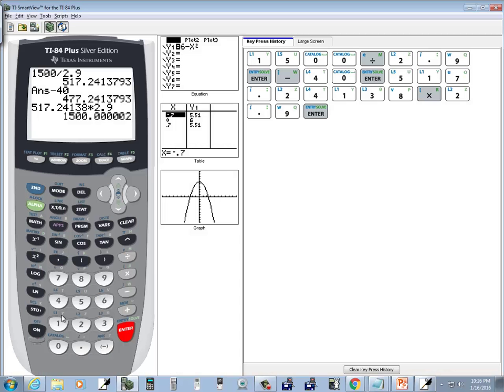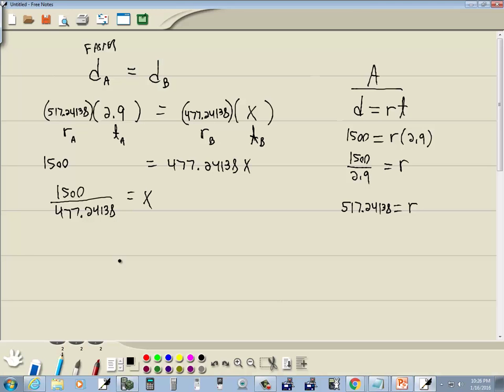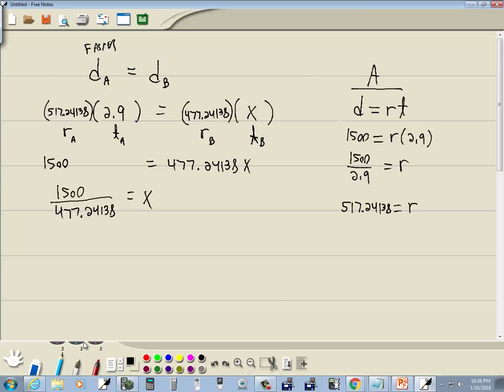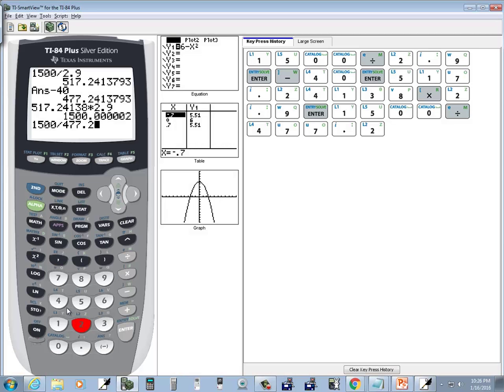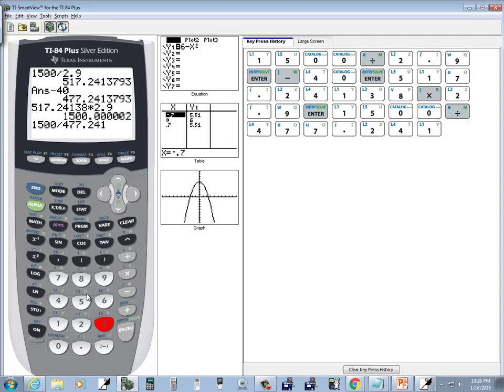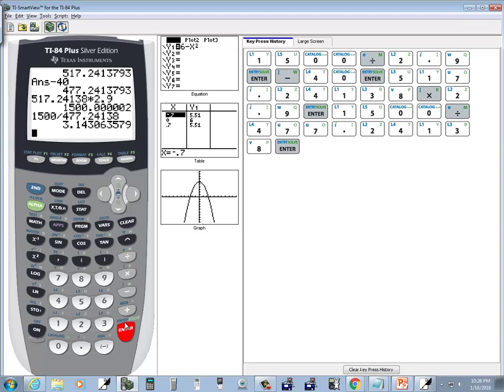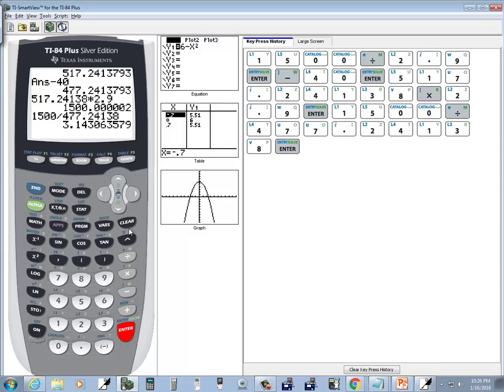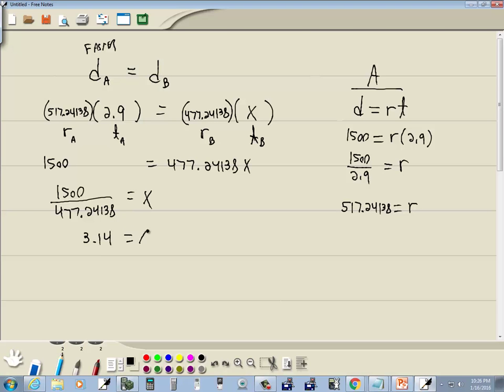So we got 1500 divided by 477.24138. And I'm going to take it to 2 decimal places. So we got 3.14.